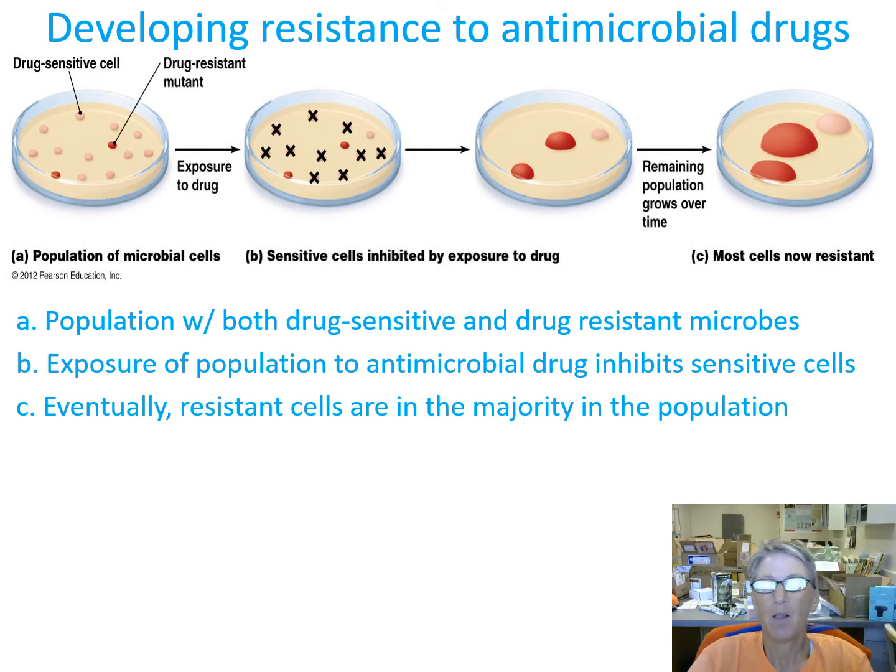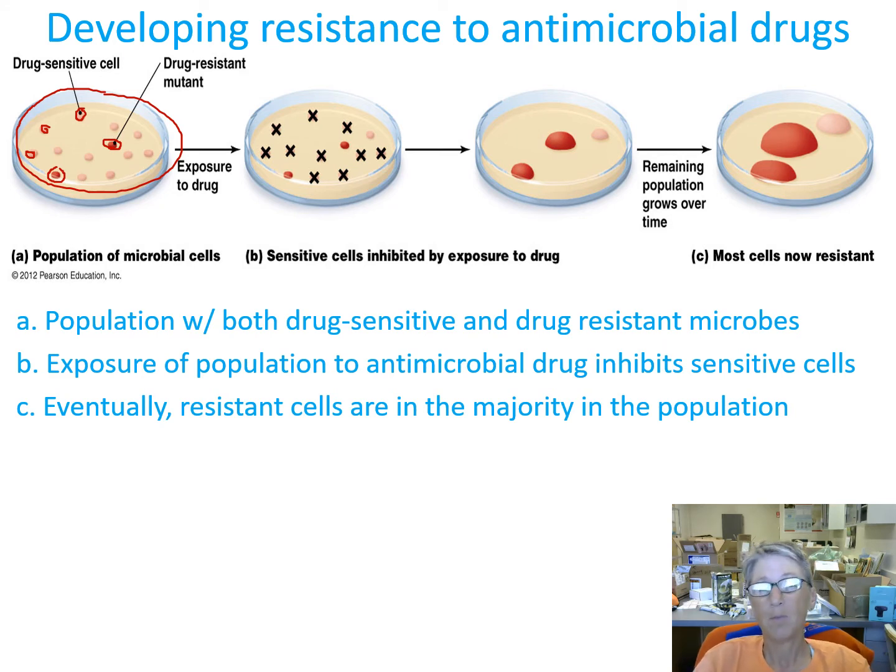So how do you develop resistance to an antimicrobial drug? Here's our agar plate, and we're growing these colonies. Each one of these is a colony. And this red colony right here is a drug-resistant mutant. They're all the same types of bacteria growing in these colonies, but these red colonies are resistant to your drug.